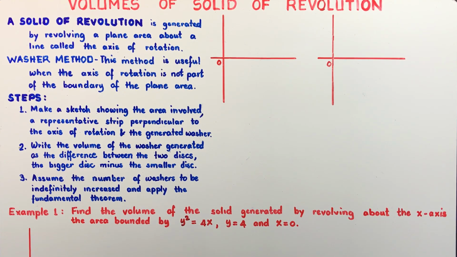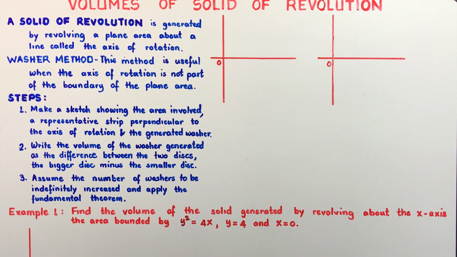This method is very useful when the axis of rotation is not part of the boundary of the plane area being rotated. And the steps are here. Step number 1. Make a sketch showing the area involved and the representative strip perpendicular to the axis of rotation, as well as the generated washer.